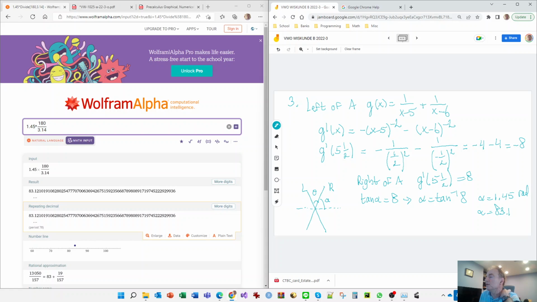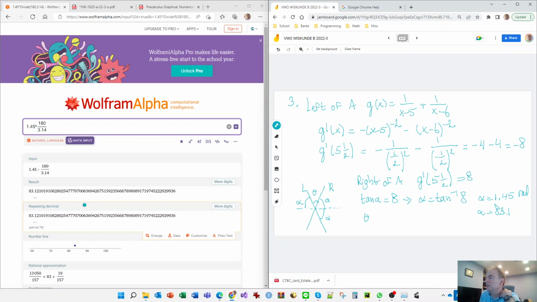So this angle here is of course the same, just a minus sign. These are like opposite angles, so this angle is also alpha.